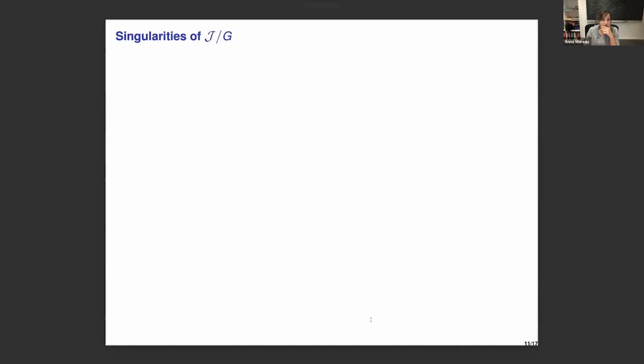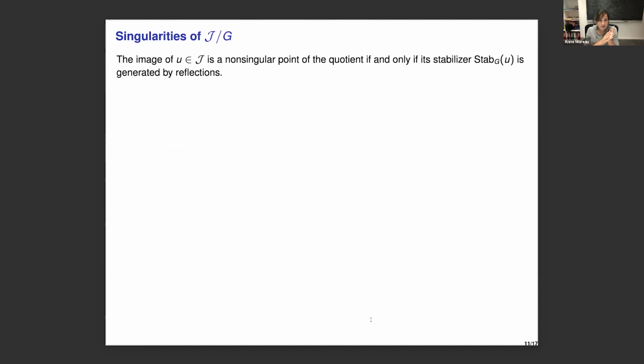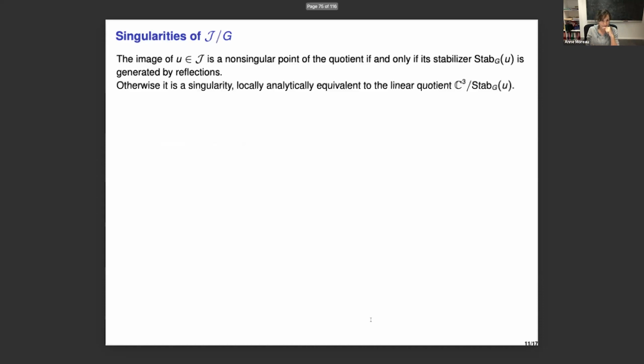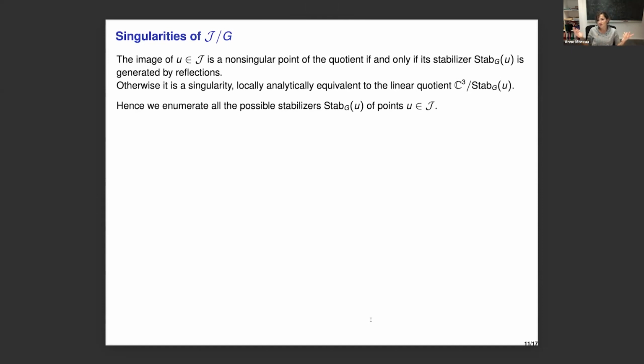So about the singularities. As I already mentioned, the image of a point in the Jacobian is a non-singular point if and only if its stabilizer is generated by reflections. Otherwise, it is a singularity locally analytically equivalent to the linear quotient of C3 by this stabilizer. So what we did is to compute all possible stabilizers in the Jacobian.